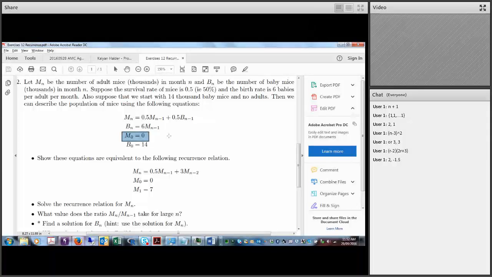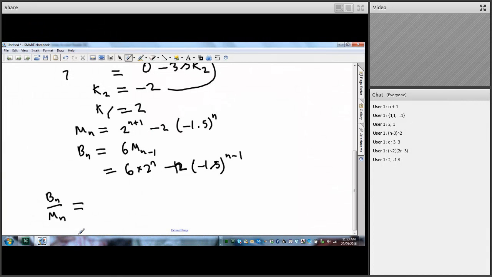So it's going to be 6. In the previous month, it'd be 1 less power. So instead of 2 to the n plus 1, we'll just have 2 to the n. And minus 1.5, the previous month would be minus 1.5 to the power of n minus 1. And I just have to remove the 6 here. So minus 2 times 6 will be minus 12.